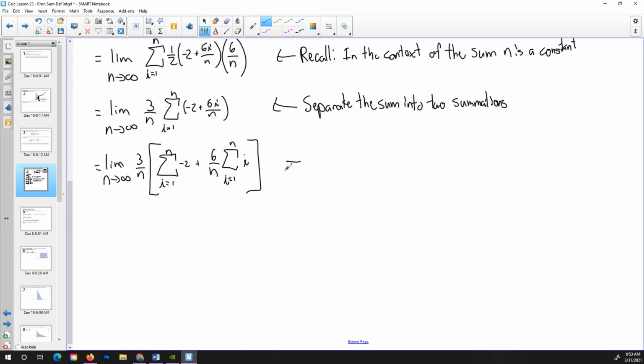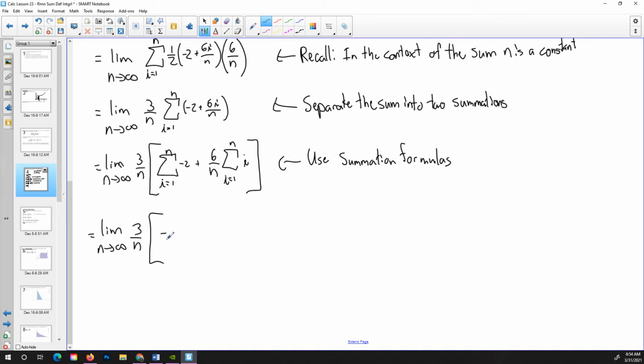And so now I'm going to use, from the last lesson, summation formulas. And so we recall the limit as n goes to infinity, we've got the 3 over n. And then when you change this sum into summation notation, if it's just a constant, it's just going to be the constant times n.